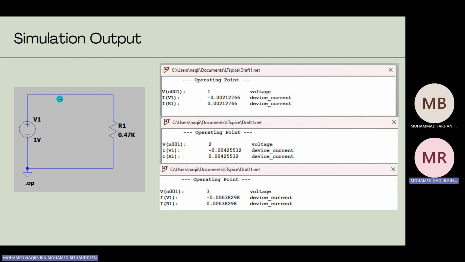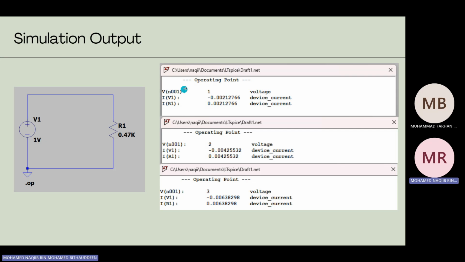This is the simulation. If you can see, this is our voltage supply. First, starting with 1 volt, it goes directly to resistor R1, 0.47K. The first circuit uses 0.47 kilo ohm.